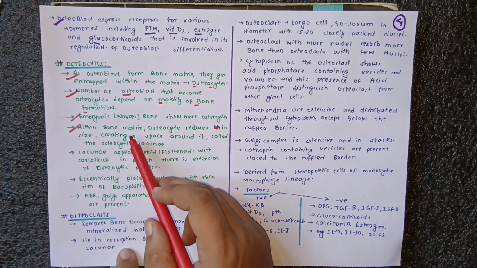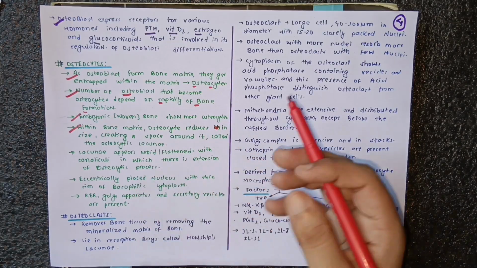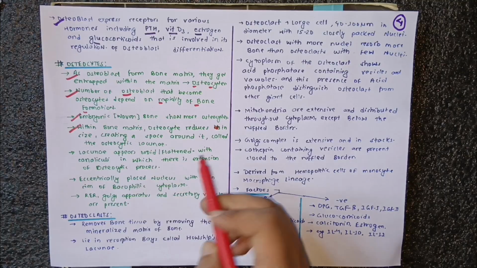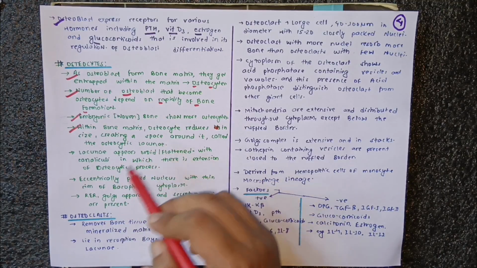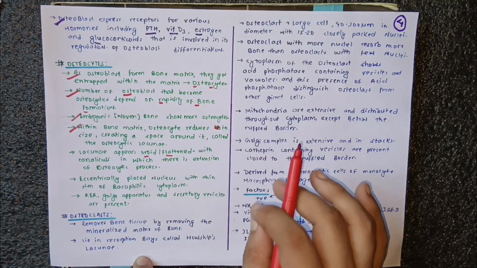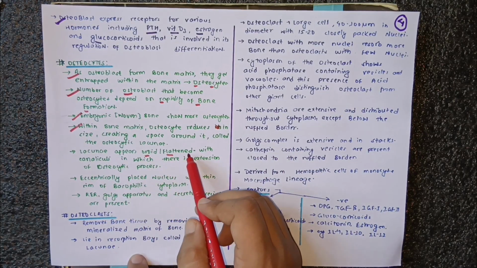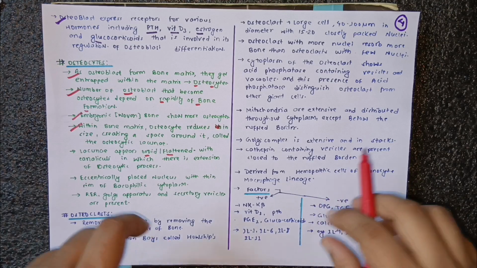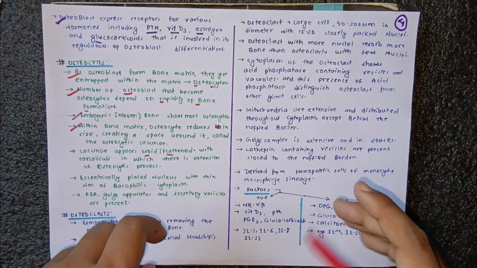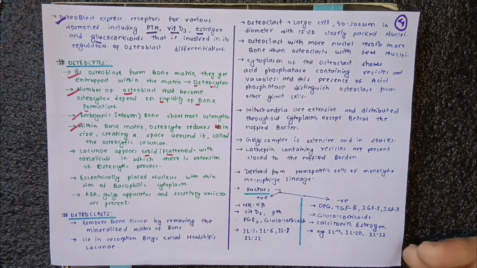Within a bone matrix we can see the osteocyte, which reduces in size, and the space created there is called the osteocytic lacunae. The lacunae appear as an ovoid or flattened structure, and the combinations of the lacunae form the lamellae.